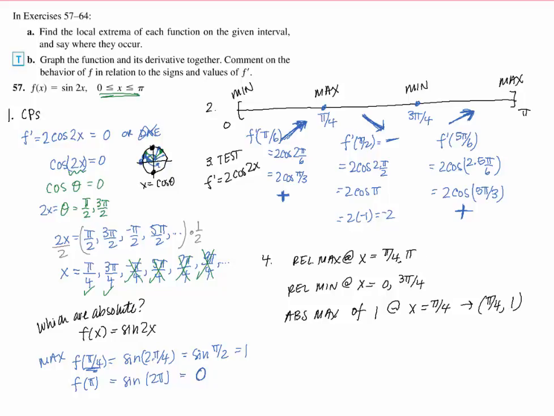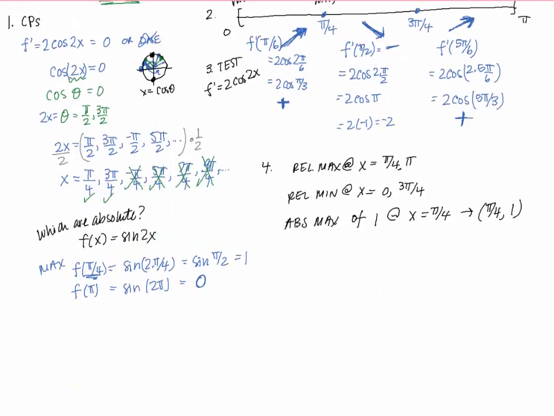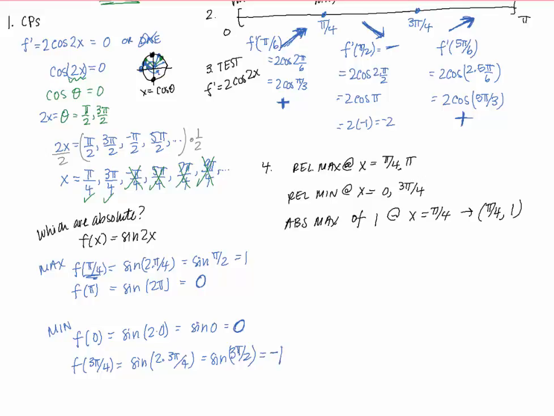Alternatively, to find the minimum, we have to line up all those minimum values and see which one's smallest. f of 0 is the sine of 2 times 0, which is the sine of 0, which is 0. And f of 3 pi over 4, the other relative minimum, is the sine of 2 times 3 pi over 4, which is the sine of 3 pi over 2, excuse me, and that is -1.